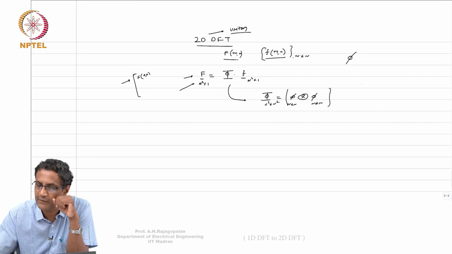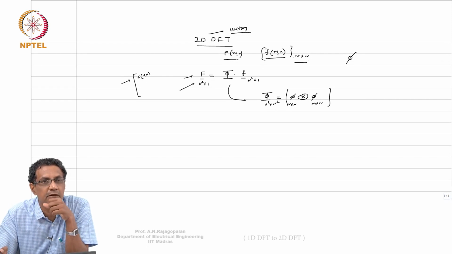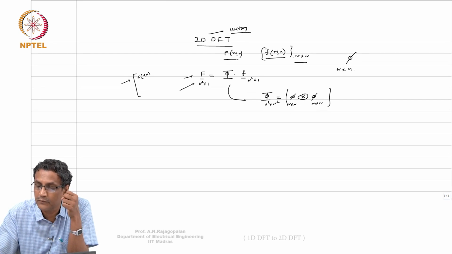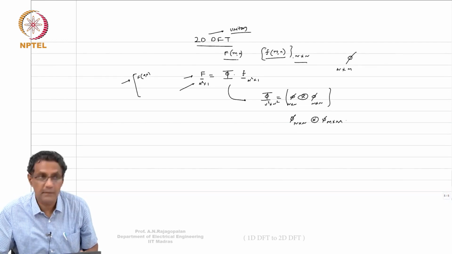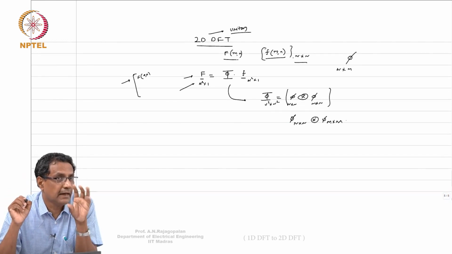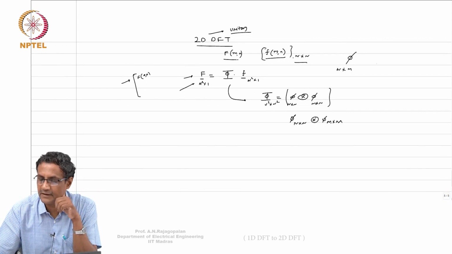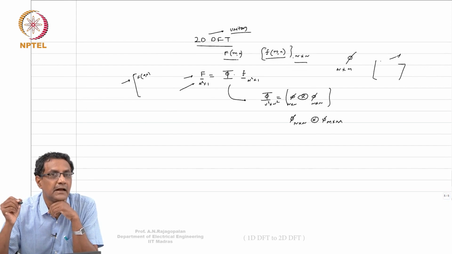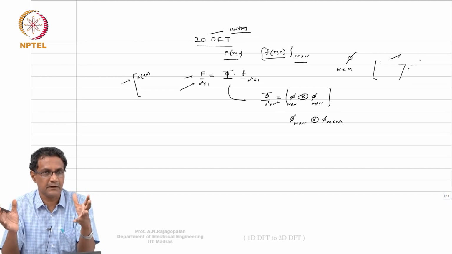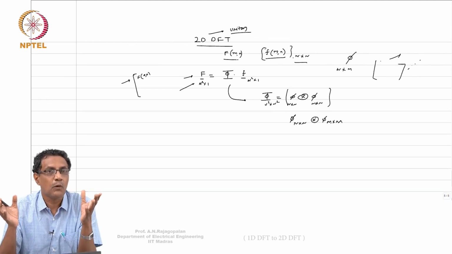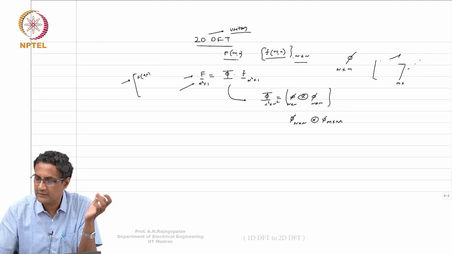Now, if instead this was actually a rectangular image, what would you do? If this was n cross m, see, this is the point. For example, if instead of a 2D image I had a video, with some k number of frames, then this whole 3D object would be m cross n cross k.